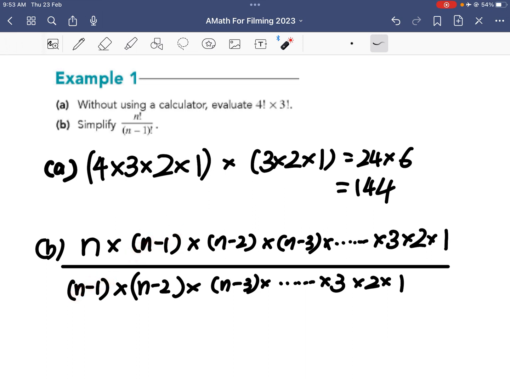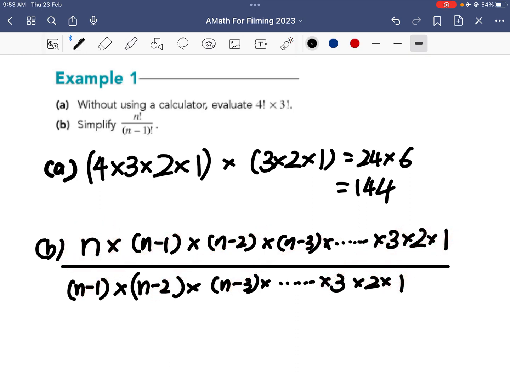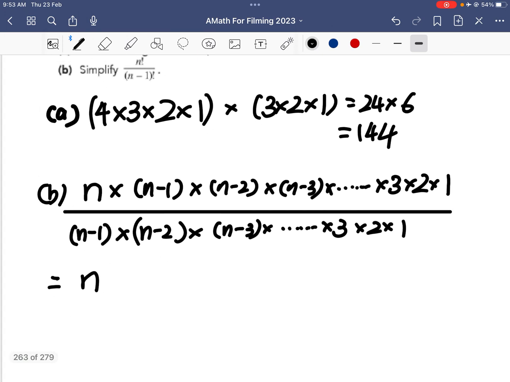I can eliminate n minus 1, I can eliminate n minus 2, I can eliminate n minus 3, all the terms in between I can eliminate. I eliminate 3, I eliminate 2, I eliminate 1. If all these are eliminated, what I'm left with is simply n. Hence, n factorial over (n minus 1) factorial is simply equal to n.